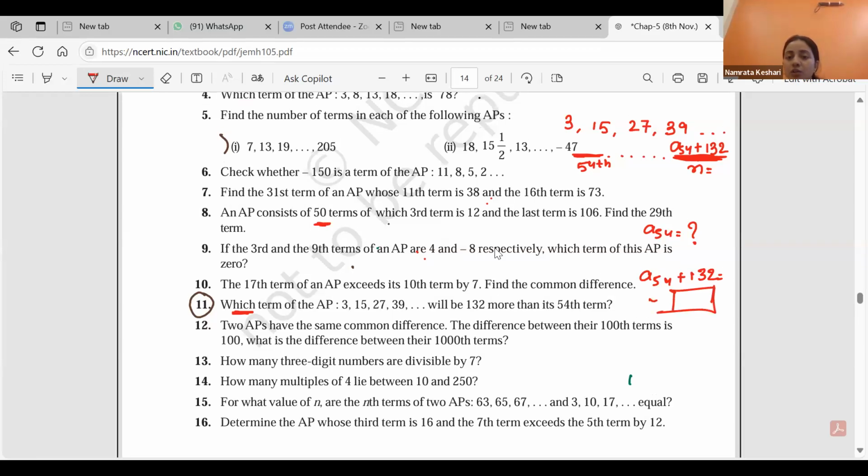What is the placement of this particular box in your AP? Where exactly is it sitting? Is it sitting at 100th place, 200th place, 70th place, 90th place, or what? Getting it?